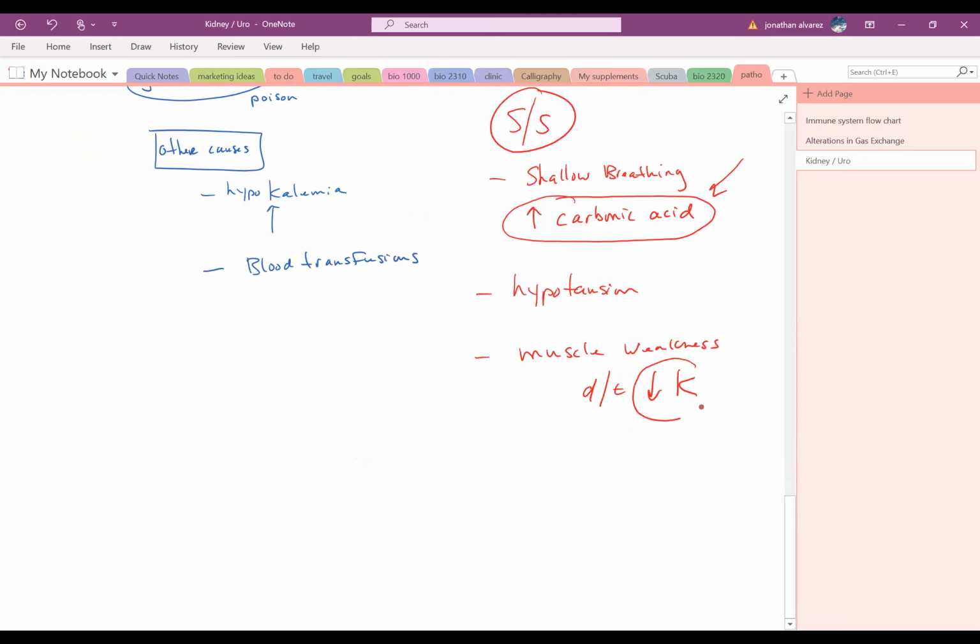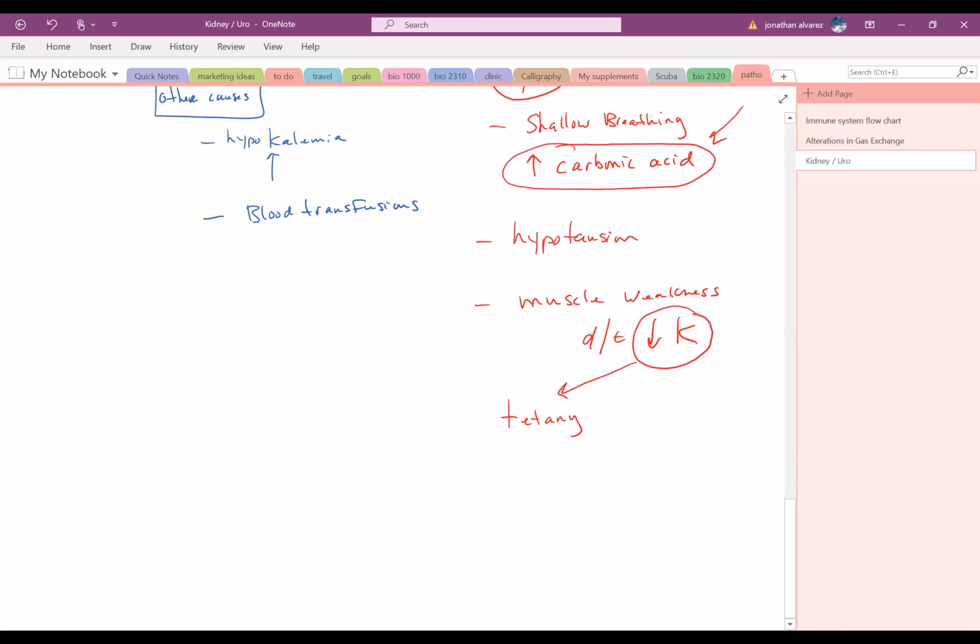Once this happens, you can also get this thing called tetany. Okay. Which is where the patient's hands and feet will spasm. Okay. They contract funny, they spasm.